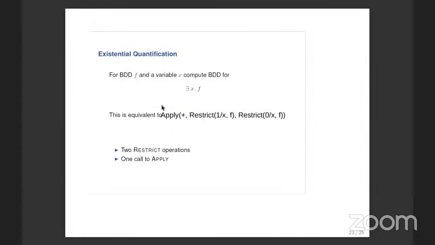So, as you might have guessed, the existential quantification, that is, the result of performing an existential quantification elimination on a variable on a BDD, can be done by invoking two restrict operations for the variable that needs to be eliminated: one restricting that variable to 1 in the function, and one to 0, and then doing apply of the OR function, ORing those two BDDs.